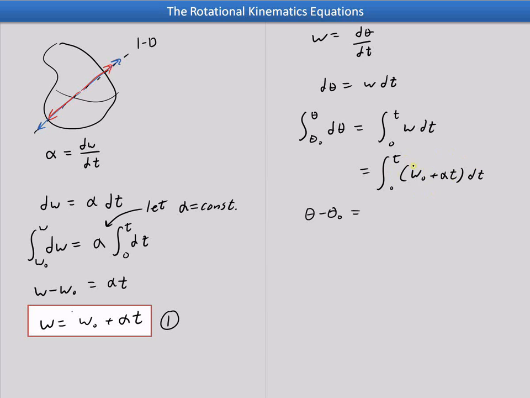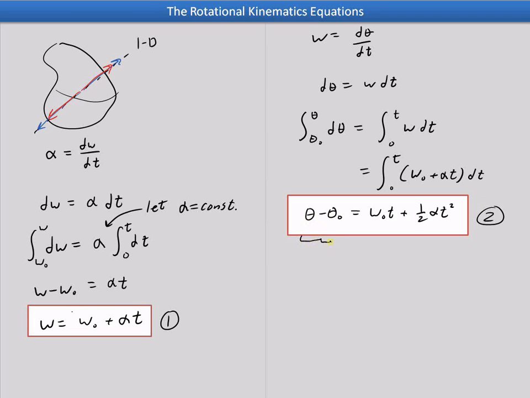On the right-hand side, we get omega naught times t plus 1/2 alpha t squared minus 0 from the lower limit. And so this is an equation. We'll call that equation 2. And we could write this difference here, theta minus theta naught, as delta theta if we wanted to.